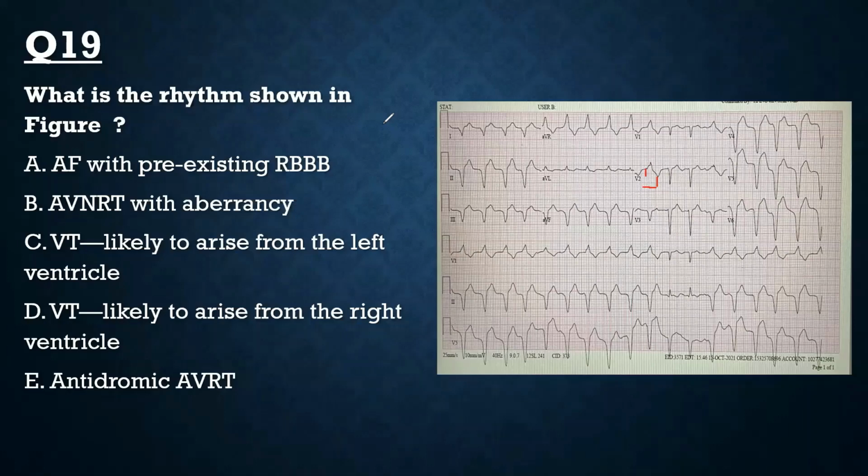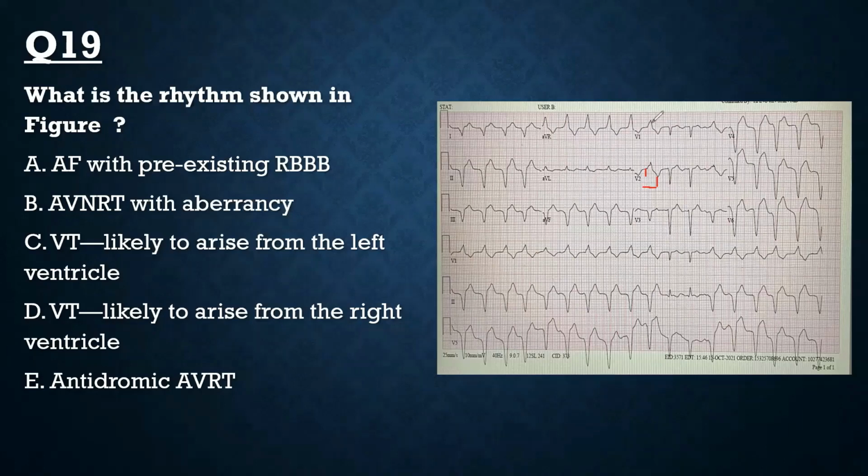If you want to analyze a patient's ECG with wide QRS complex tachycardia, try to apply the Brugada algorithm, which has four steps. Step number 1, look for concordance. Concordance means either positive from V1 to V6 or negative.